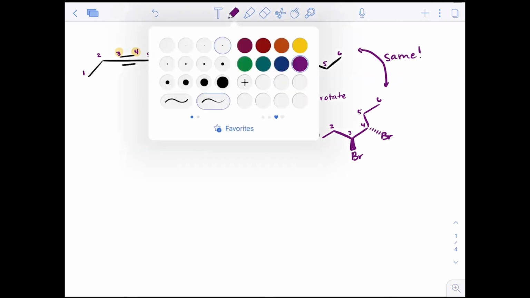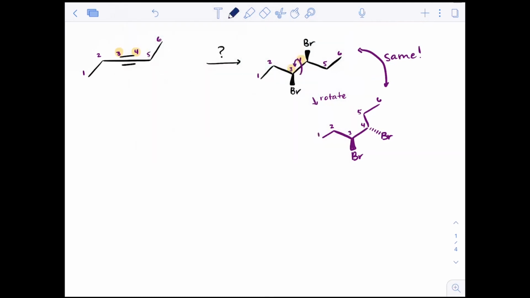All I did was rotate so that I could view the product in a different way, view the product better. Now let's think about, okay, if I wanted to do retro analysis, what alkene did I use to add these 2 halogens anti to each other? I must have chosen this alkene, where it's a cis conformation. That way, when the bromines add, they add anti to each other. Well, that makes life a little bit easier.